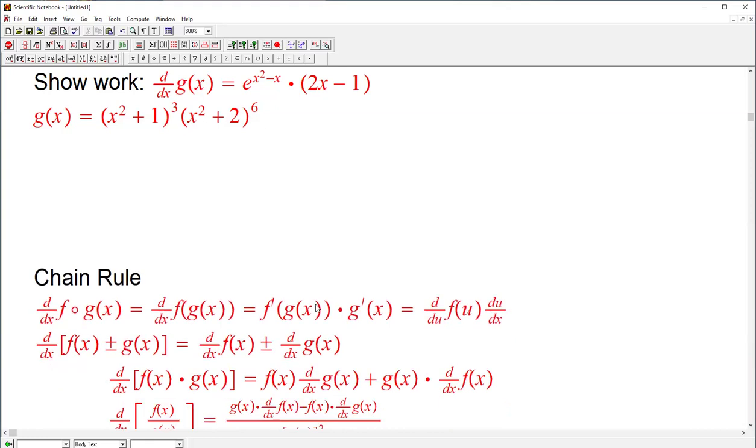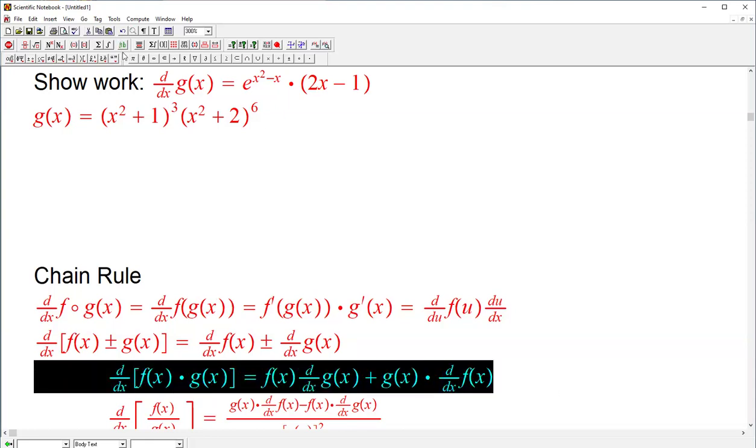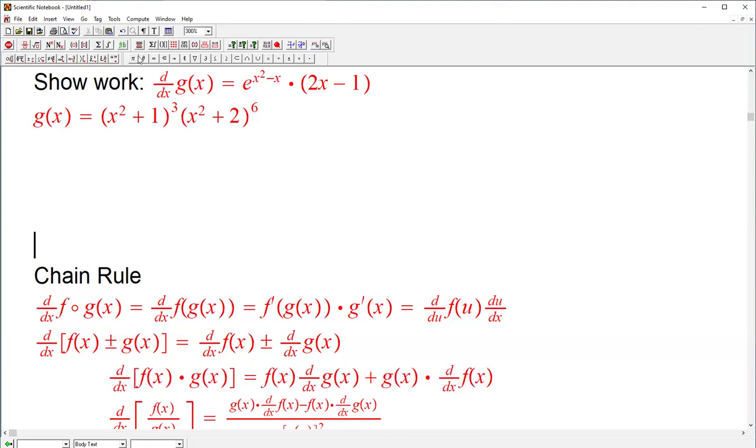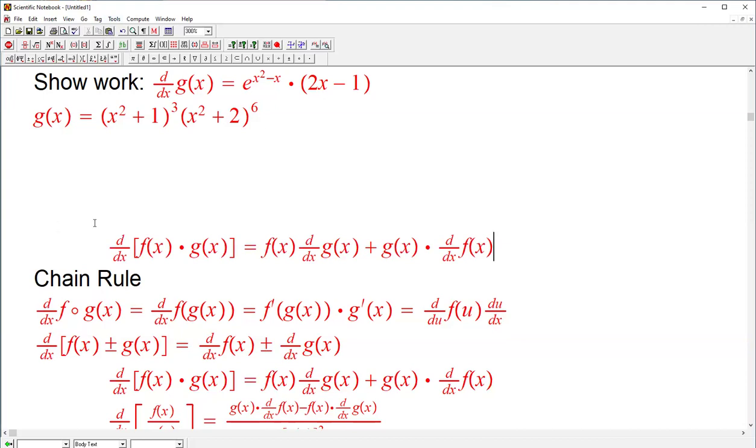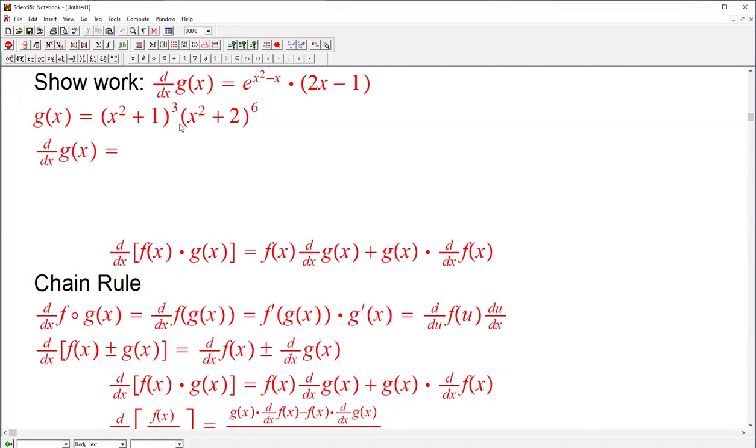So we're going to show the product rule, which is right here. Let me bring it up. That's the product rule, right next to it. And so when we differentiate d/dx of g of x, we're going to generate two terms.